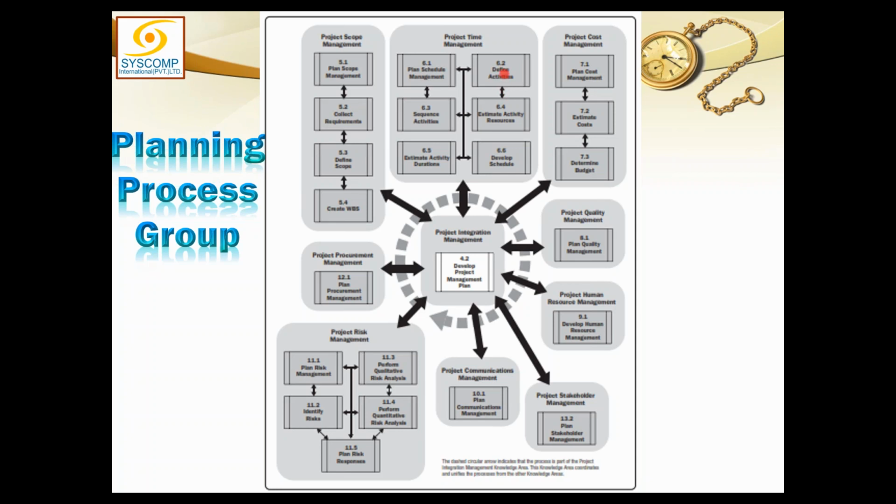Those outputs may be fed as input to the subsequent process, and so on and so forth. Ultimately, develop schedule is the process where all these outputs are put together in the form of a schedule, a Gantt chart, a bar chart.